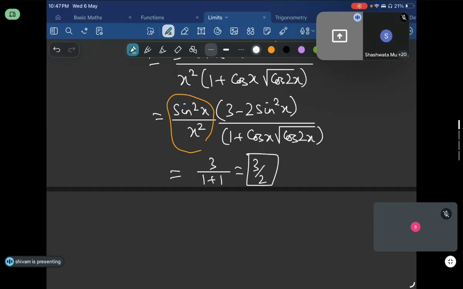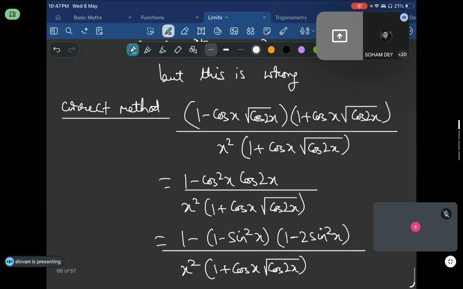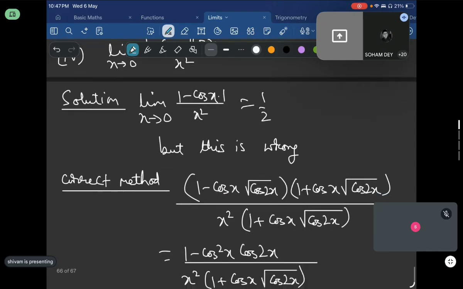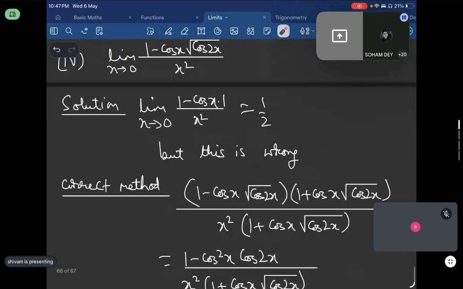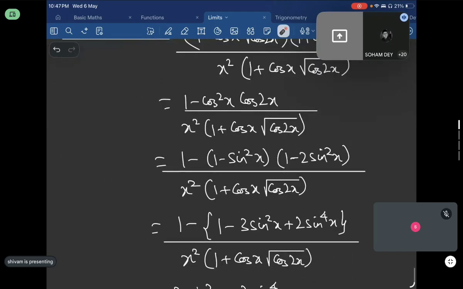Tell me, anyone having any doubt, you can ask me now. Sir, had we only converted that cos 2x into sine, wouldn't that be a little easier? Which one? This one, root over cos 2x. Yes, after the step of rationalization.